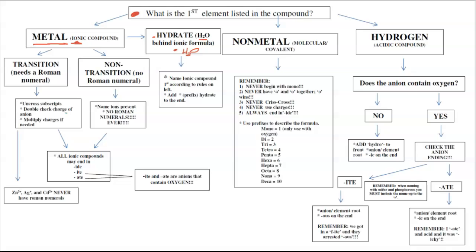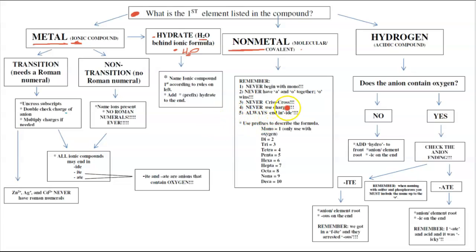If you look at your compound and the first element that is listed is a nonmetal, right, because some of our compounds have only nonmetals, that's going to be a molecular or covalent compound. The rules that we use for naming covalent and molecular compounds are using those prefixes to indicate how many atoms of each type there are.